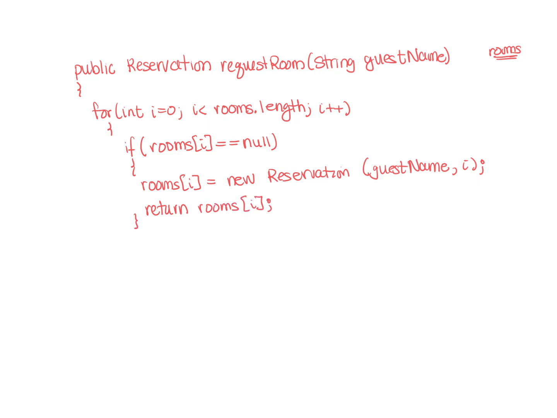If you make it all the way through the array and you do not hit the return statement, then you're going to add that guest to the wait list. And then return null.